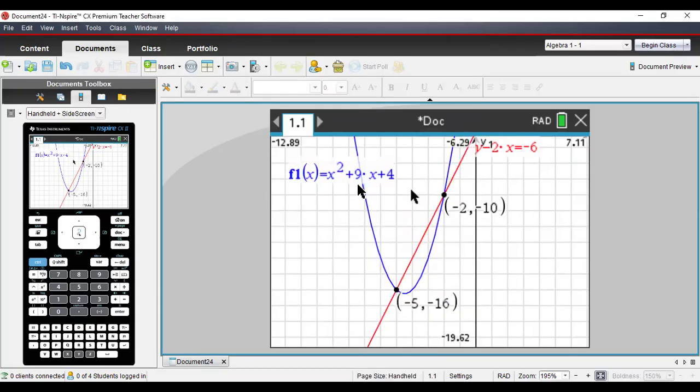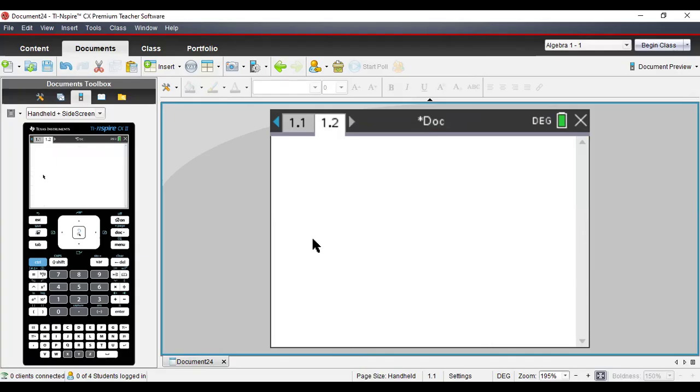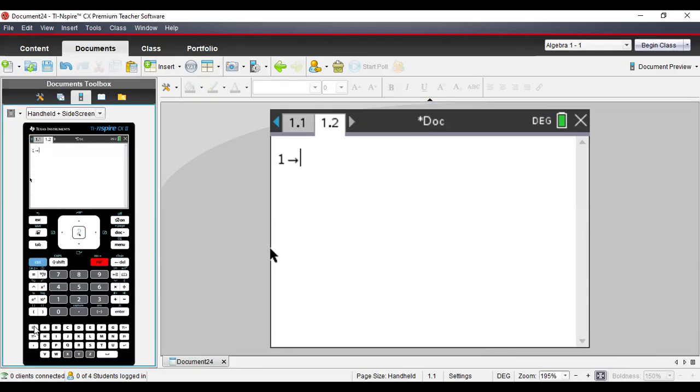We're going to store those numbers. 1, store, we're going to put that into A. And then 7, we're going to store that into B. And then 10, we're going to store that into C. And then boom, got it.